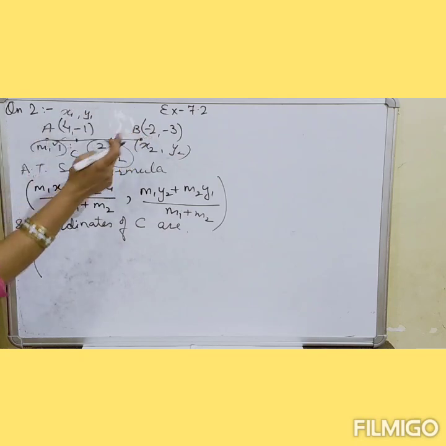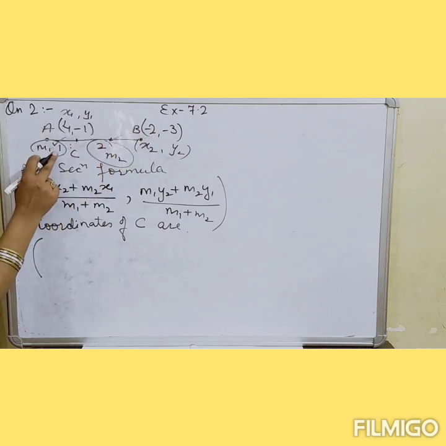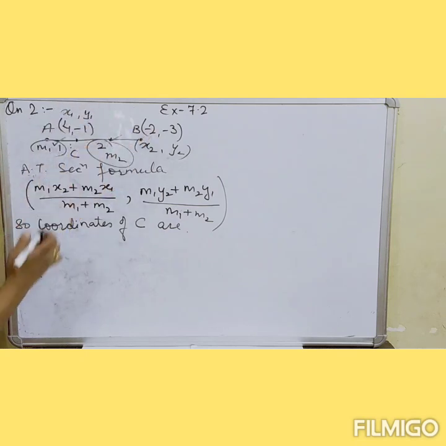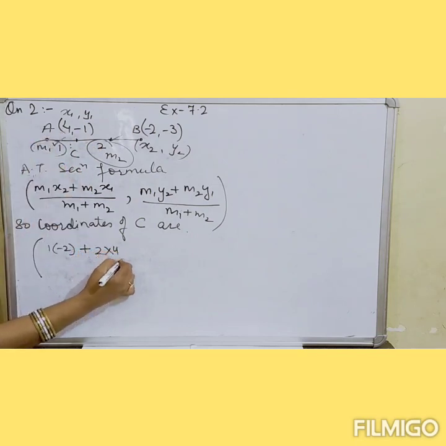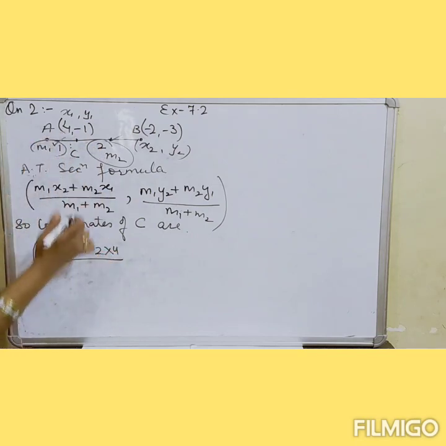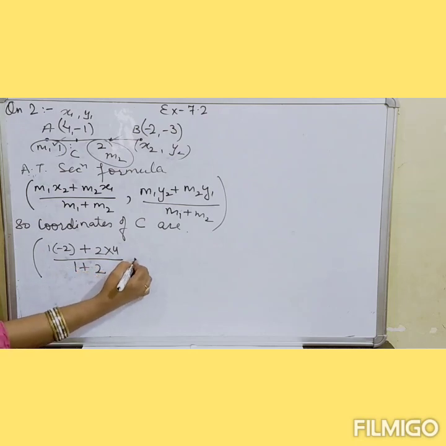So let us start with x. m1 into x2, that means 1 into minus 2 plus 2 into 4 upon m1 plus m2 means 1 plus 2. Okay, I hope you are getting it.